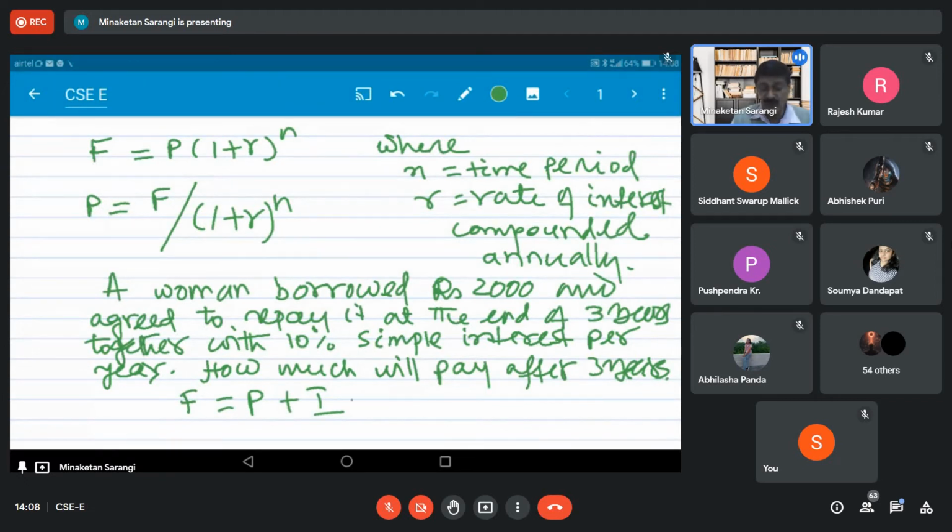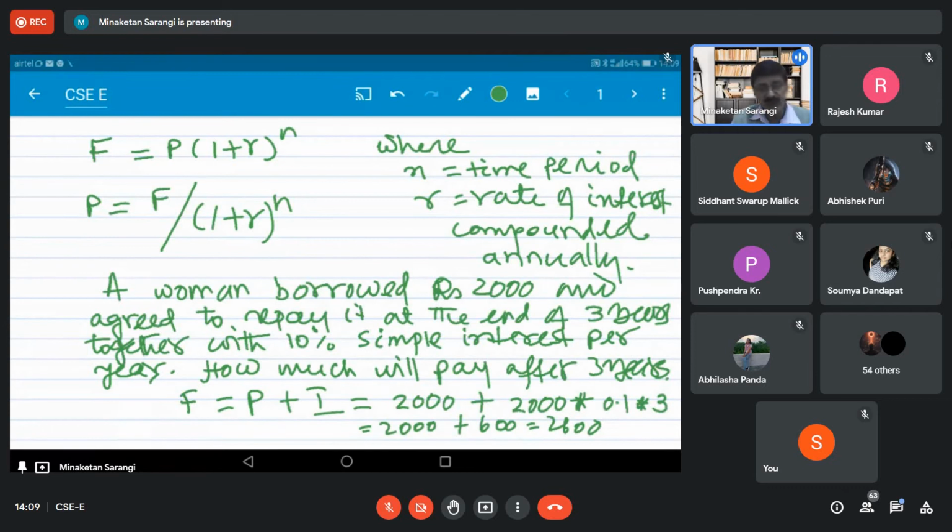The principal amount we are getting is 2000, and the interest is 2000 multiplied by the rate of interest, 10%, so 0.1, multiplied by the number of years, 3. So we get 2000 plus 2000 multiplied by 0.1, that is 200, multiplied by 3, that is 600. That gives us 2600.